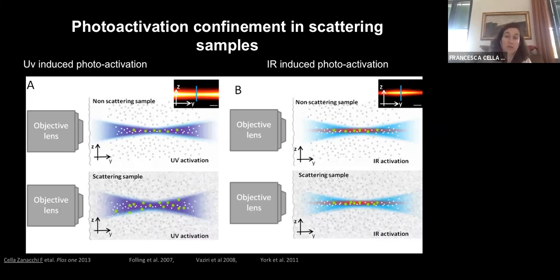But if we are using two photon excitation, we are actually confining always in the very same way, even if we are moving to scattering sample and we are going deep into the sample. So this means we are still preserving the possibility to perform photoactivation of a plane of molecules within a plane and then move to another plane, preserving the molecules that are above and below the focal plane.